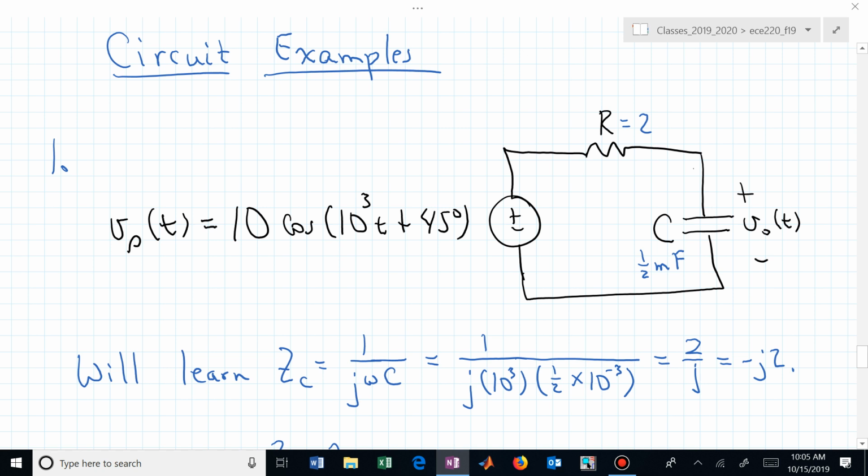Everything now is shaking at 1,000 radians per second in that circuit, and the fact that we have some energy storage by the capacitor is just going to shift those peaks and valleys relative to each other. So everything in that circuit may not be aligned in terms of peaks and valleys.